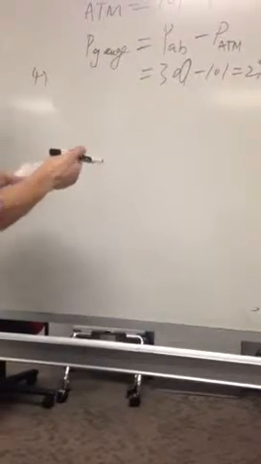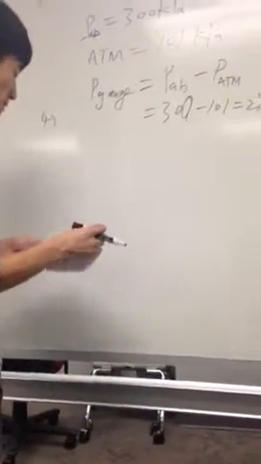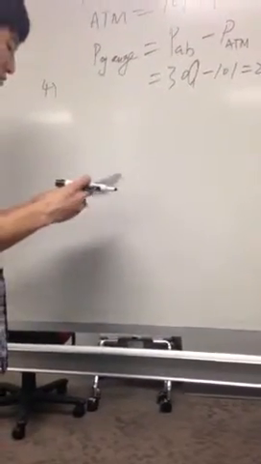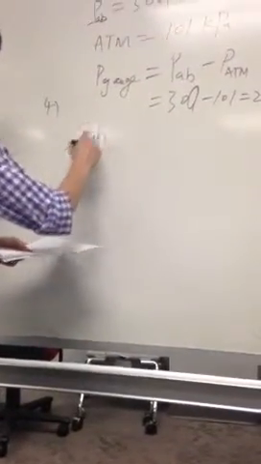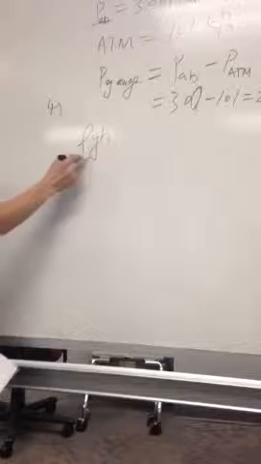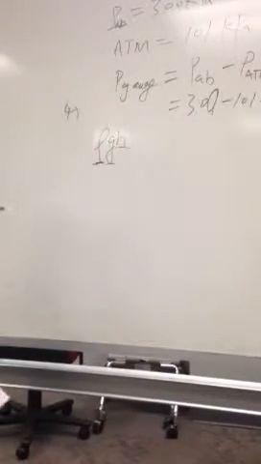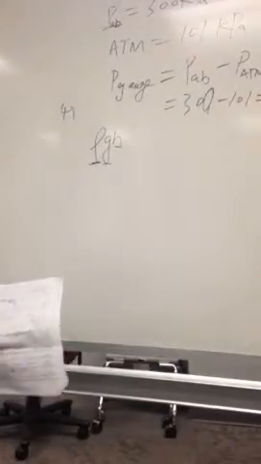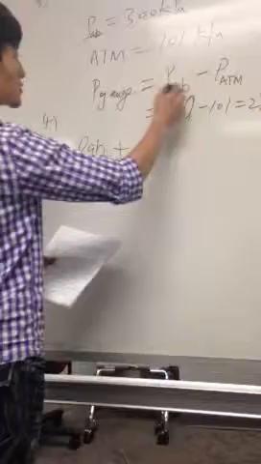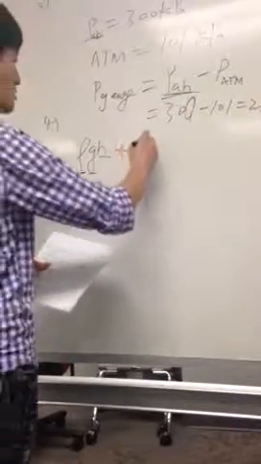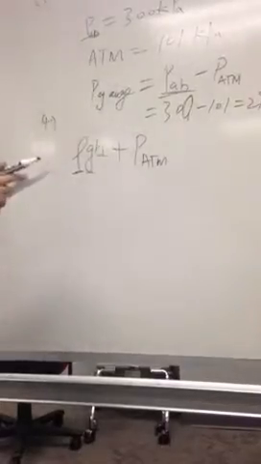sea? So 15 meters below the surface of the sea, we expect to have a pressure of density, gravity, and the height, right? That's how you calculate the pressure. Plus, because you want to calculate the absolute pressure, you need to add the pressure of the atmosphere.